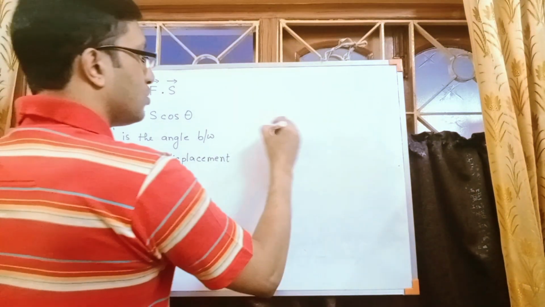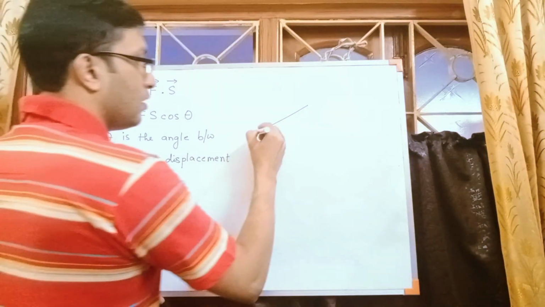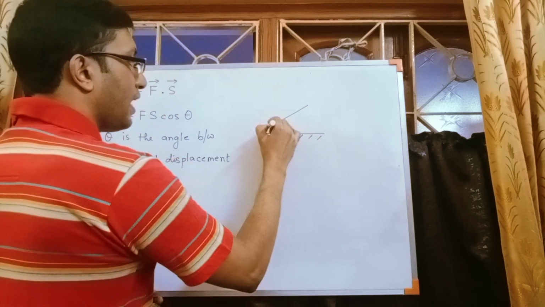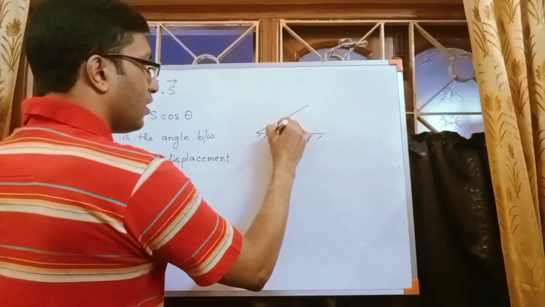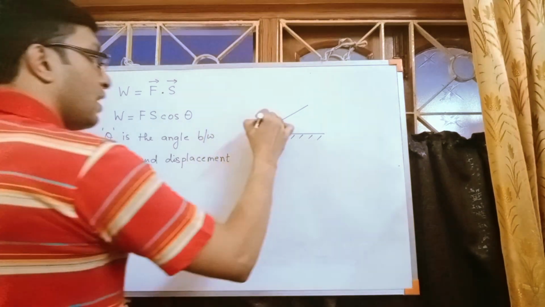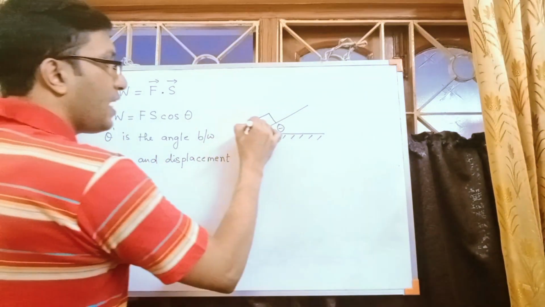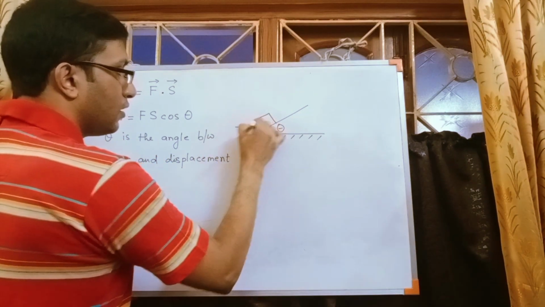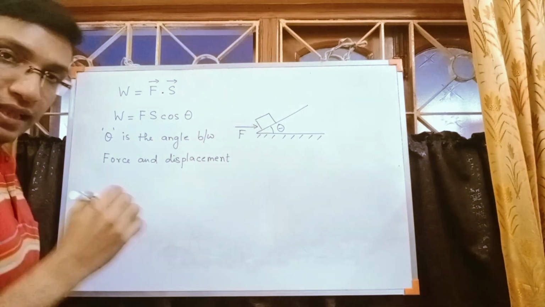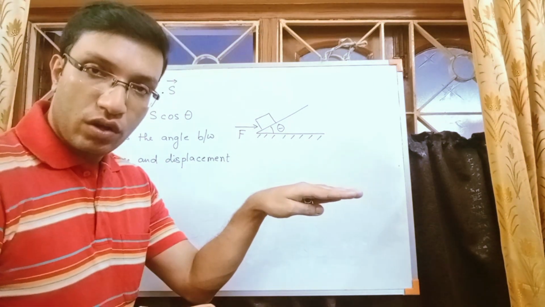Now, suppose there is an inclined plane. This is the ground. The inclined plane makes an angle of theta with the ground or the horizontal. So, now if we place an object over here and we apply a force on the object parallel to the ground, this is the direction of applied force, then what happens to the body? Does the body go straight along the horizontal plane?